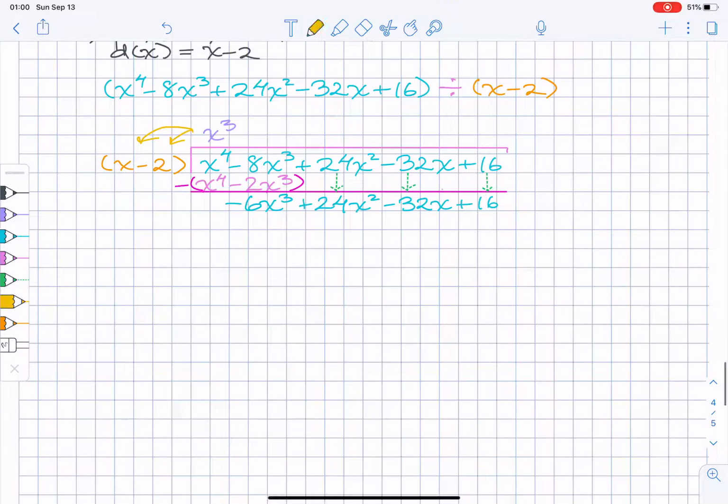Okay, so we start again. What do I need to multiply x by in order to get negative 6x cubed? I claim that's negative 6x squared. Then I multiply negative 6x squared by the whole divisor, giving us negative 6x cubed plus, because there's two negatives, 12x squared, which we're then going to subtract from the line above.